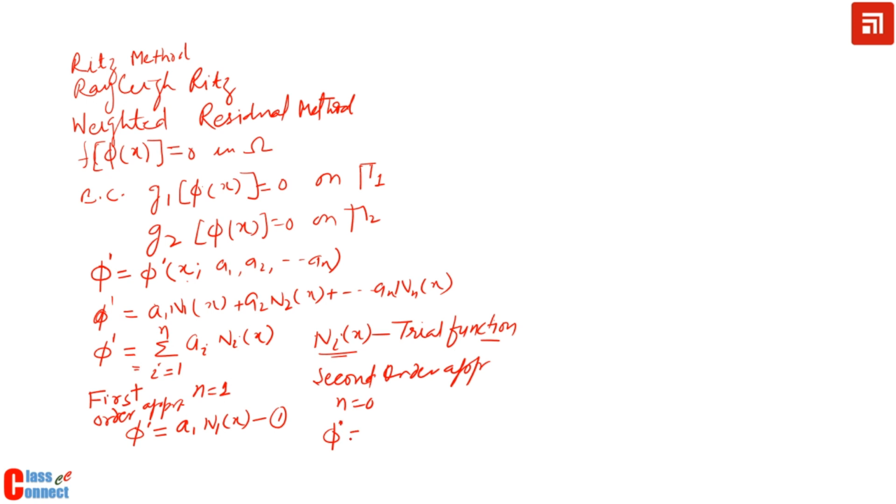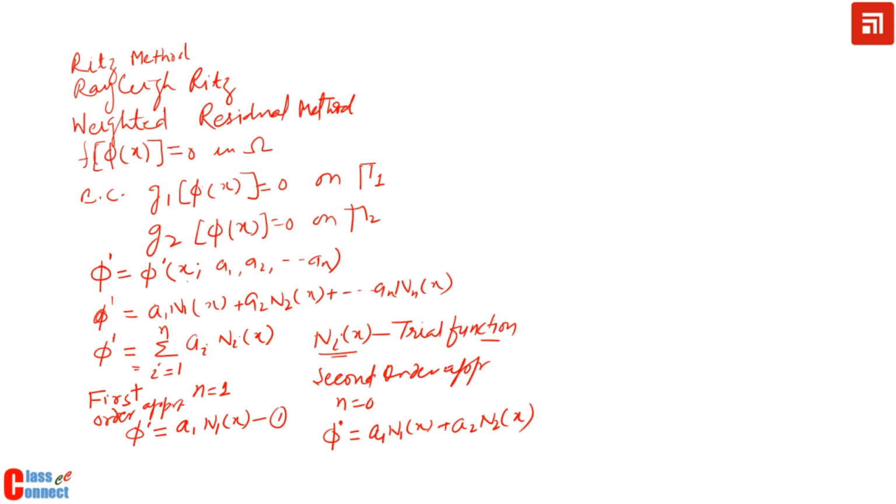Expression phi dash will be equal to a1 N1x plus a2 N2x, and so on. We can go on and on for this.